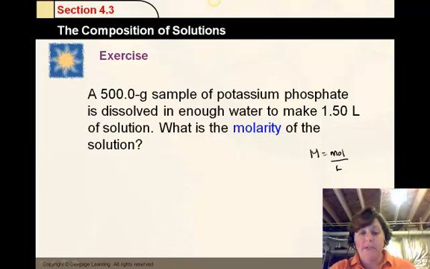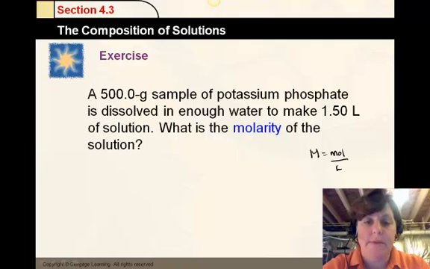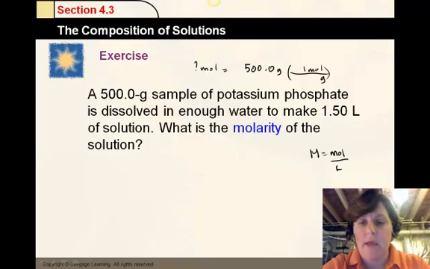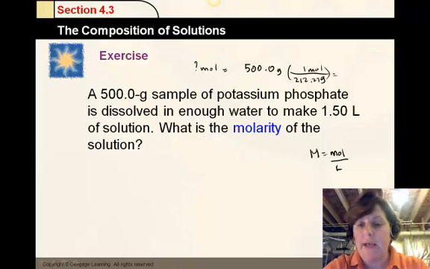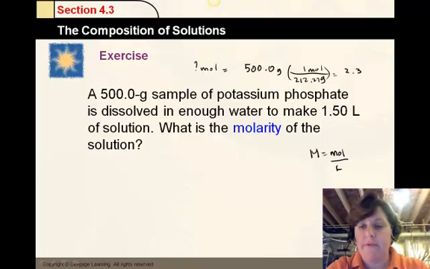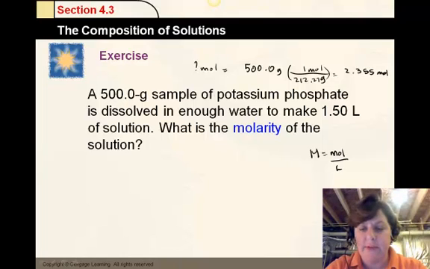So we first have to convert potassium phosphate from 500 grams into moles using the formula mass. 212.27 happens to be the formula mass of potassium phosphate. So I get 2.355 moles of the potassium phosphate.